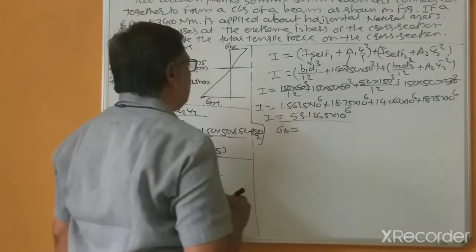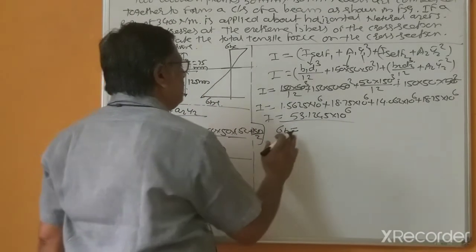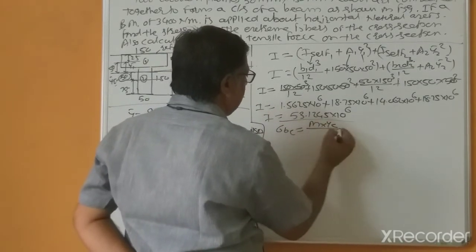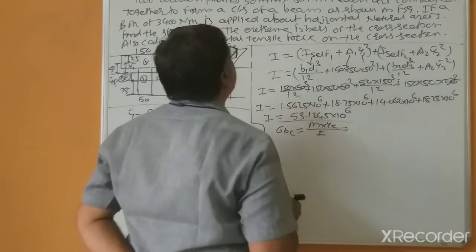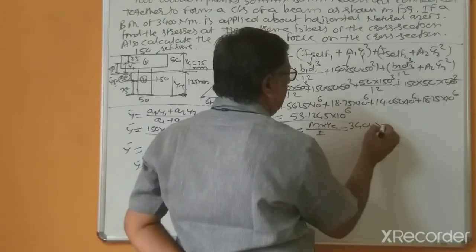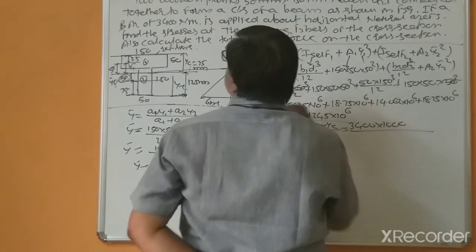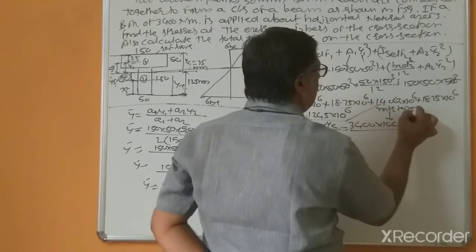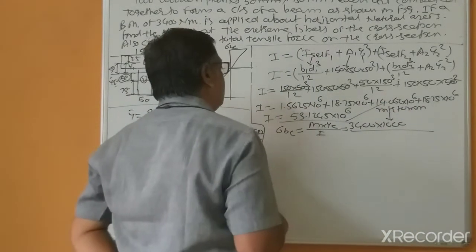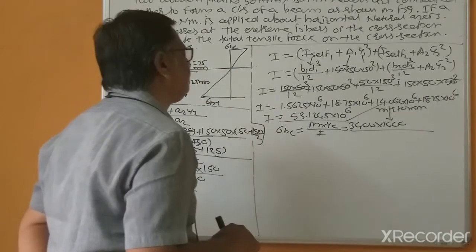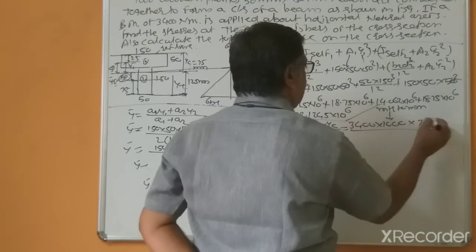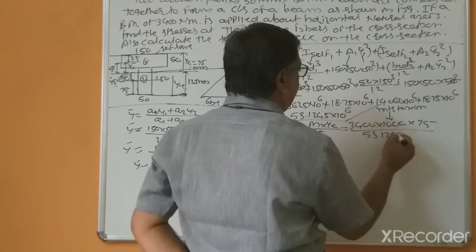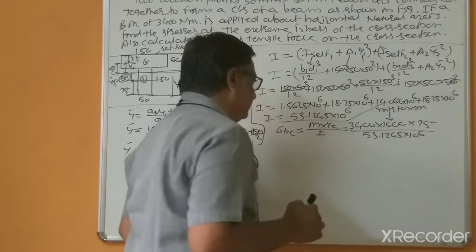Now sigma B equals, so here, sigma BC equals M into YC divided by I. M equals 3400 multiplied by 1000, so this is Newton meter to Newton mm. YC equals 75, moment of inertia 53.1245 into 10 to the power 6.